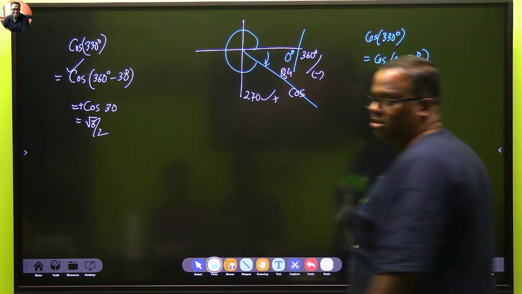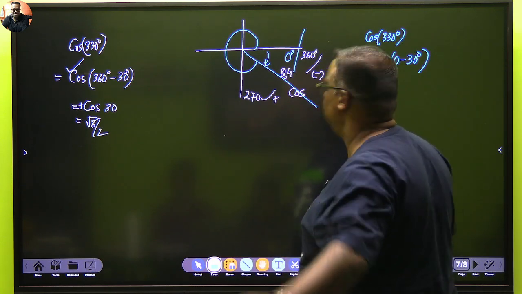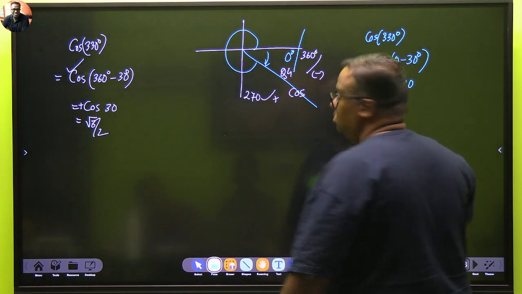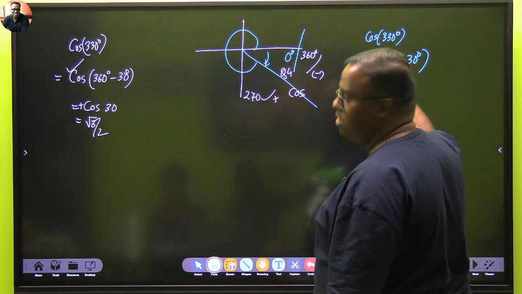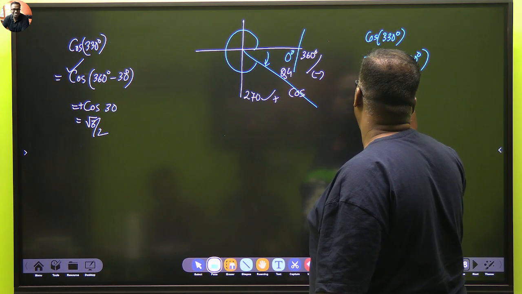Do you agree or not? 0 is a sleeping line. 30 remains as 30. You are on fourth quadrant. Parent function is cos. So you still remain positive, which is equal to root 3 by 2.